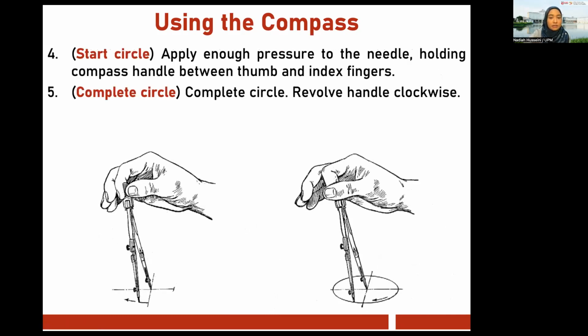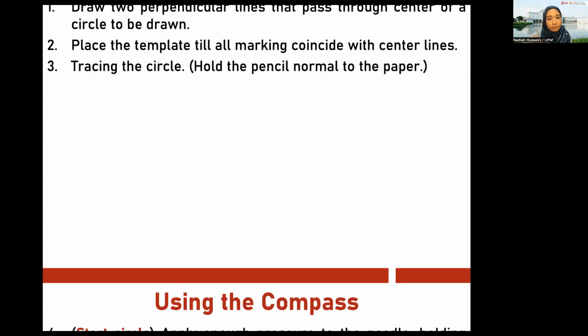Okay, so starting the circle, apply enough pressure to the needle, holding the compass handle between the thumb and the index finger. They also specify how you can pegang correctly. And then completing the circle, revolve clockwise. Of course, this is preference, but the correct way is to do it clockwise. So you rotate the compass clockwise, you get your circle.